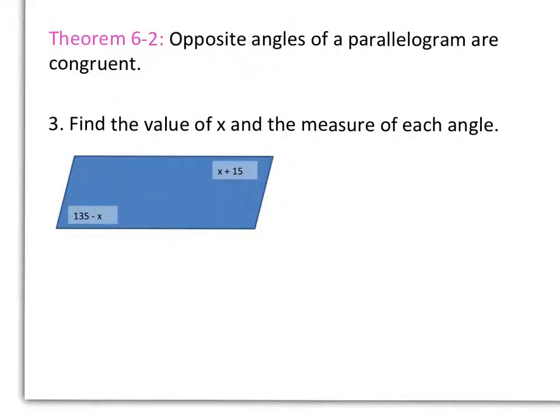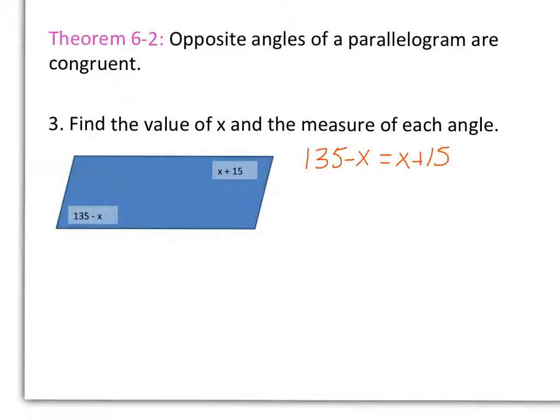Now in the last example, we even saw this theorem, that opposite angles of a parallelogram are congruent. So in number 3, it says find the value of x and the measure of each angle. If our opposite angles are congruent, we can say 135 minus x equals x plus 15, and then we can solve for x.